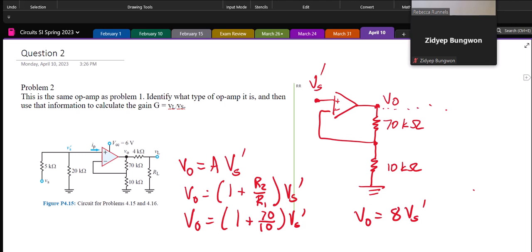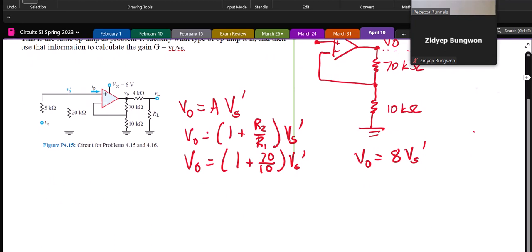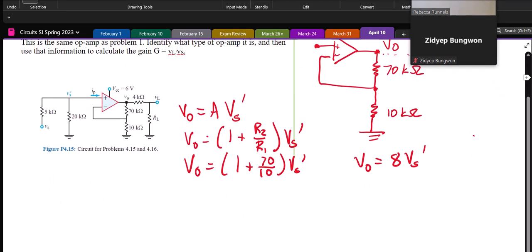Then we also can say, now I'm going to do this differently than I did last time. We'll get the same result, but we're going to look at it in a slightly different way.